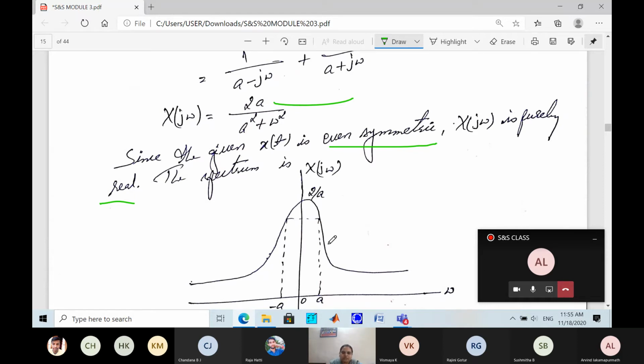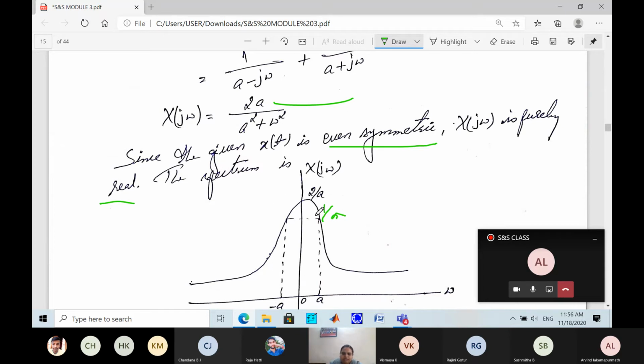When I substitute omega as a, a square plus a square, you get 2a square. 2a is already there in the numerator, so 2a divided by 2a square. The 2 cancels, and you will be getting 1 divided by a, right? Here you will get 1 divided by a. That's it.